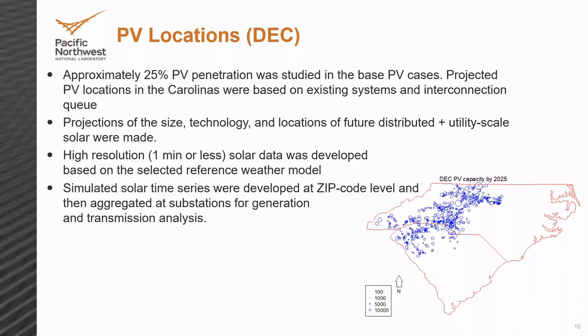And by the zip code, you select the previous weather year, say 2013, and say the weather will look like that in 2025. You synchronize your load and PV, and you end up with 1 minute resolution time series of PV injection at each of those substations, and similar for load and so on. So you really have how my system will look like if all of that happen together.